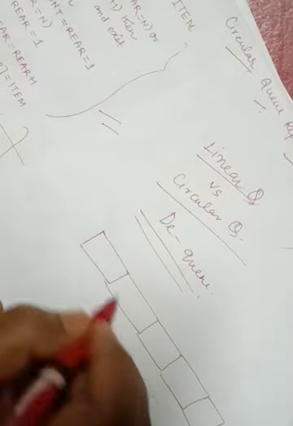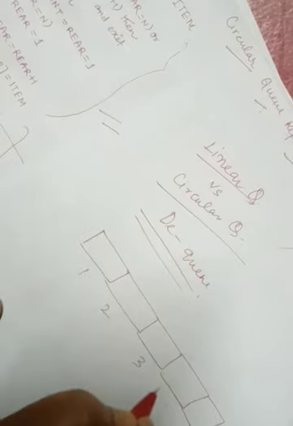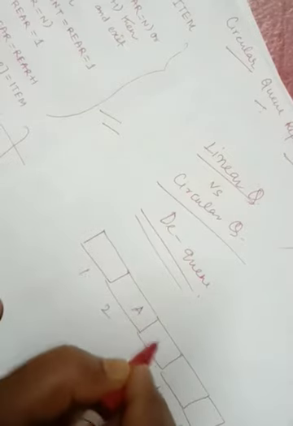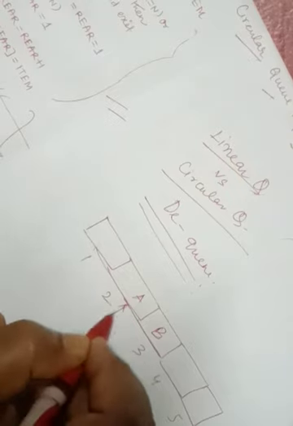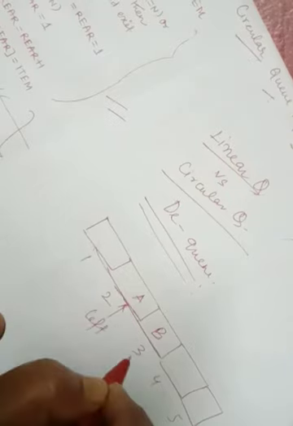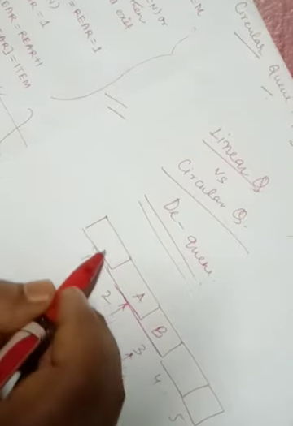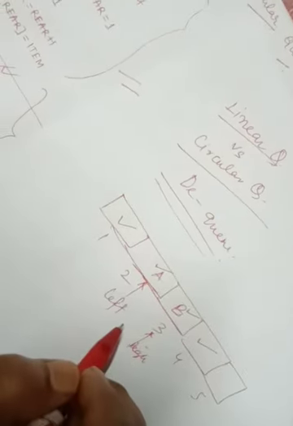Suppose A, B are the items in the double-ended queue, and this position indicates the left position and this position indicates the right position. So we can insert here also, we can insert here also, we can delete this node also, we can delete this node also. So from any end we can insert or delete a node, but not in the middle.